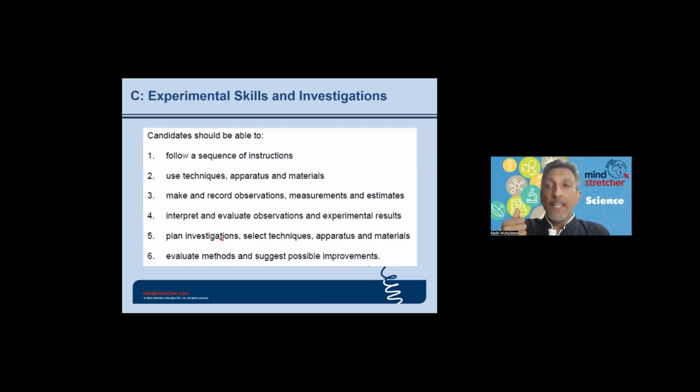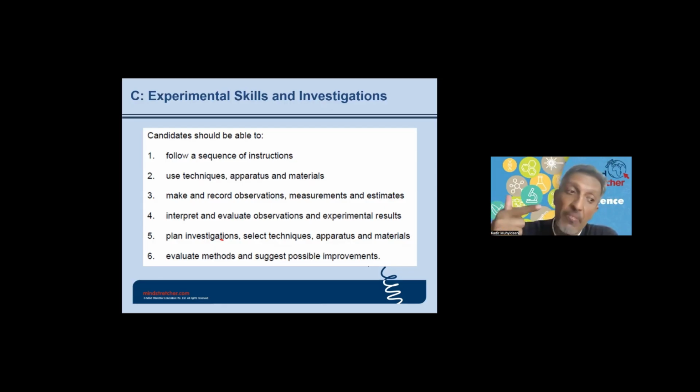Now, of course, planning and investigation, like what I said, mainly refers to those students doing pure physics. There is a part where you actually design an experiment. They may even have given you that setup.